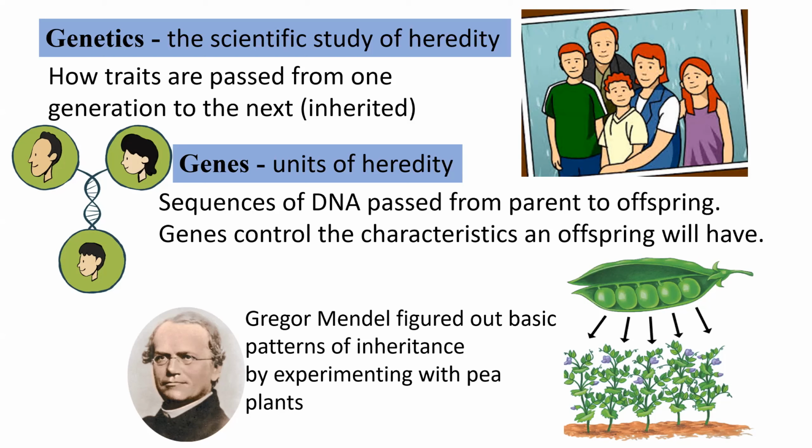So as you can imagine, if you have two genes, one from your father and one from your mother for brown eyes, then you're more than likely going to have brown eyes. If you get the gene for freckles from both your father and mother, then you're more likely to have freckles.